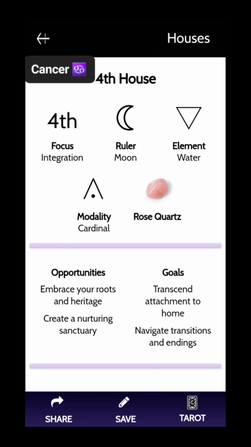Fourth house. The fourth house is ruled over Cancer. Also, the ruler of Cancer is the moon. The fourth house can represent your mother.